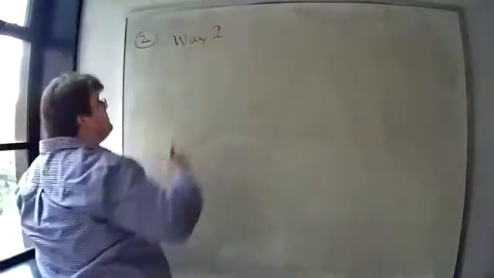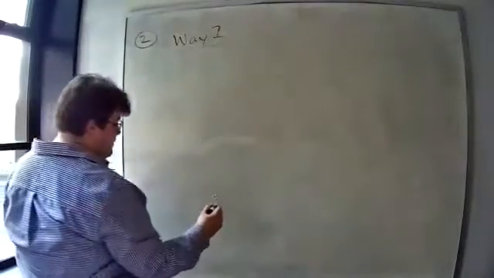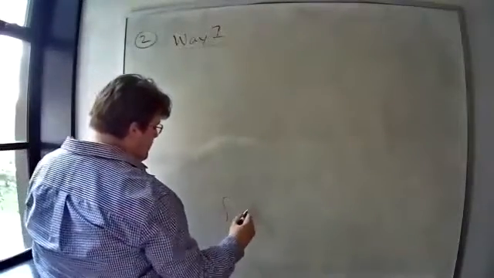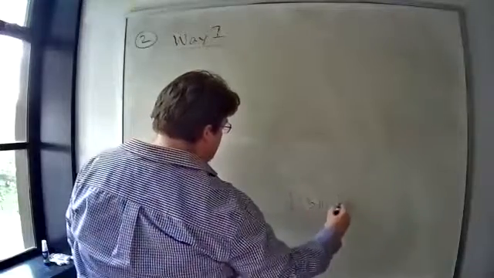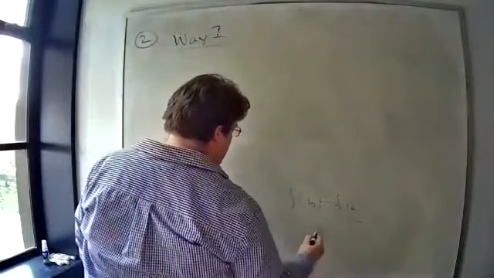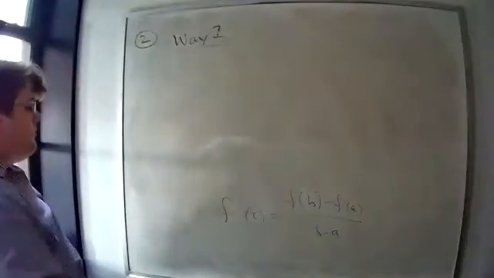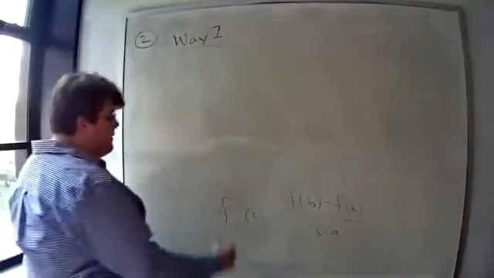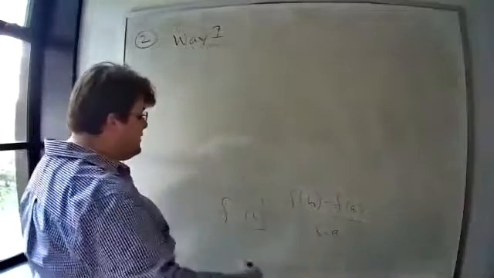So way 2: we're going to use the mean value theorem, and I'm going to write it down here. There's a value c where f prime of c is the slope of the secant line. But here we're looking at 1 through 6, and we're going to use the fact that the derivative is bounded on a general c value.